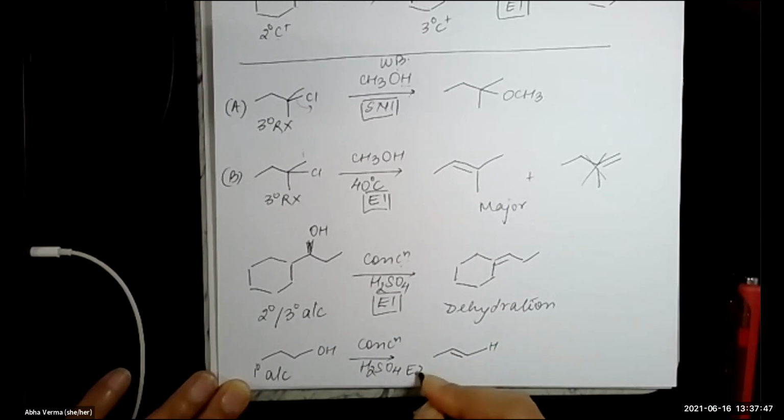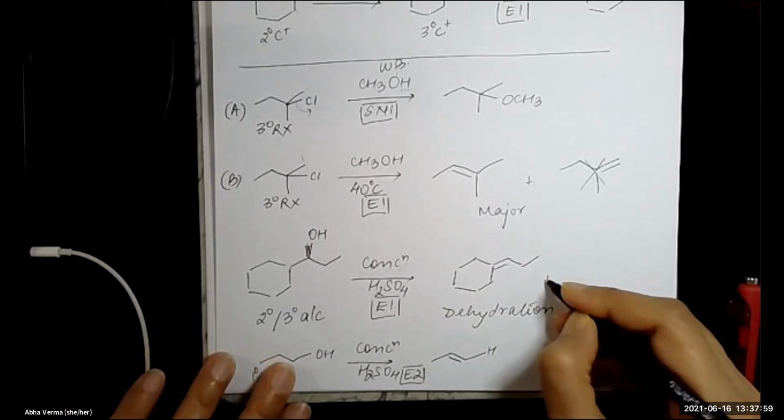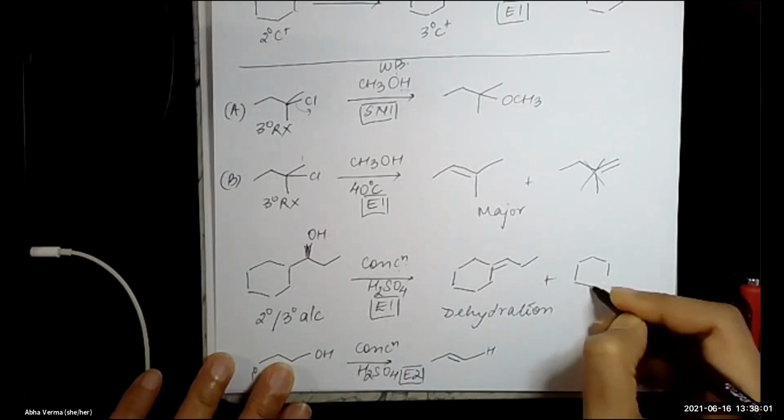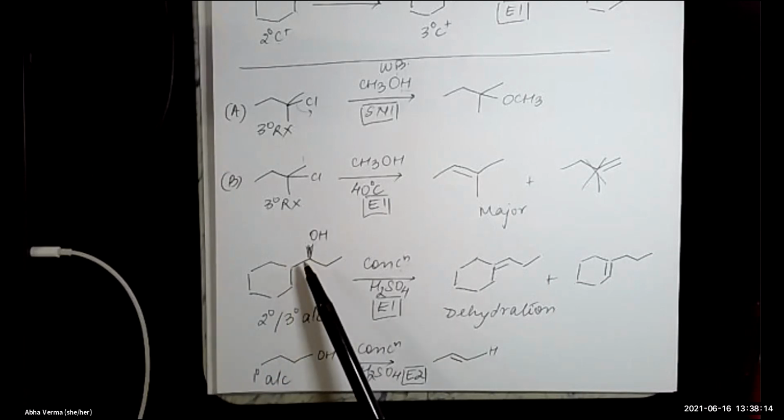For your primary alcohols, the E2 elimination is followed. So when you will be doing E1, because of the carbocation formation, the carbocation is going to jump from a secondary location to a tertiary location.